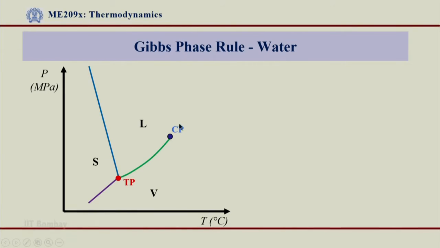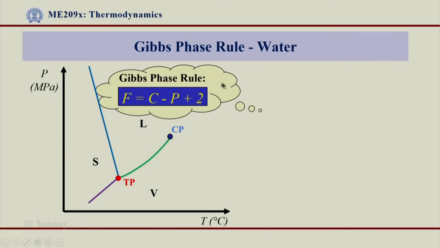Also, this LV line, as you know, goes from TP to CP, triple point to critical point. Let us try to apply this Gibbs phase rule for different regions, for the single phase region, for the 2 phase region and for the 3 phase point. The Gibbs phase rule is F is equal to C minus P plus 2, mathematically.